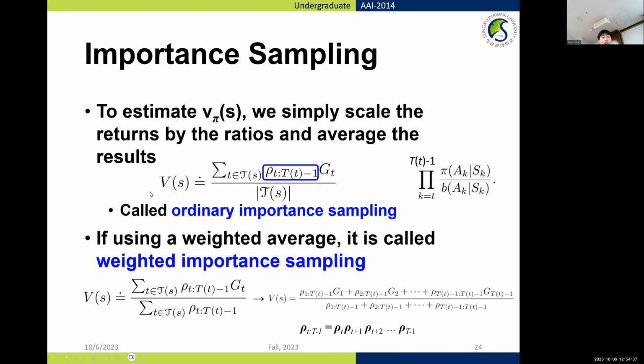We put this ratio before the GT to rescale the return from the policy B. Our purpose is to estimate the V pi of S, using the distribution of behavior policy B to estimate V pi.